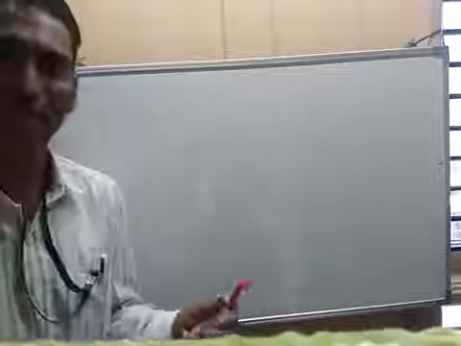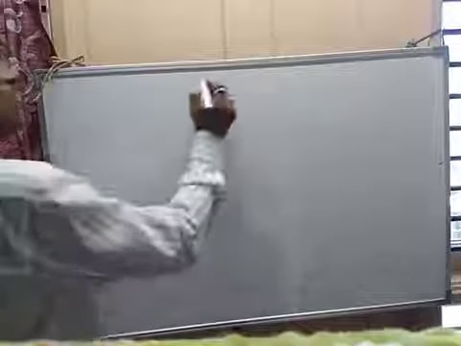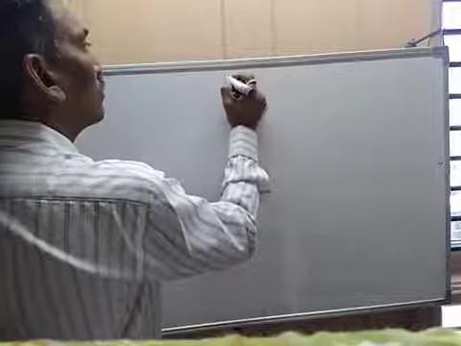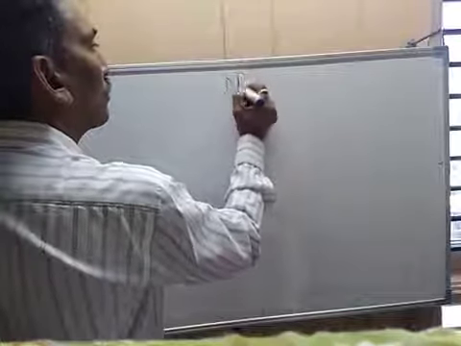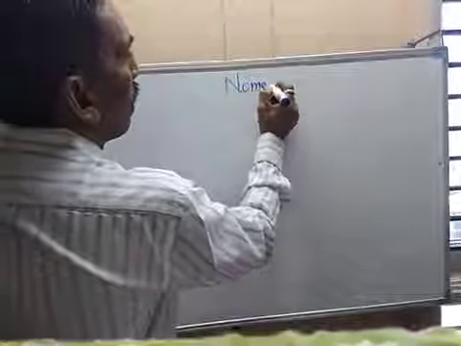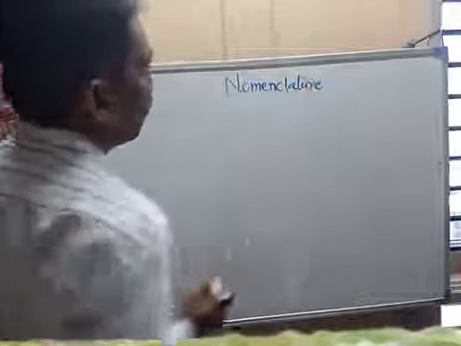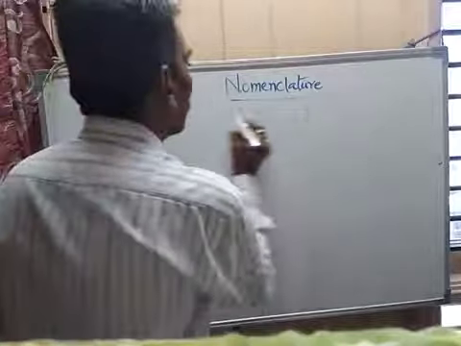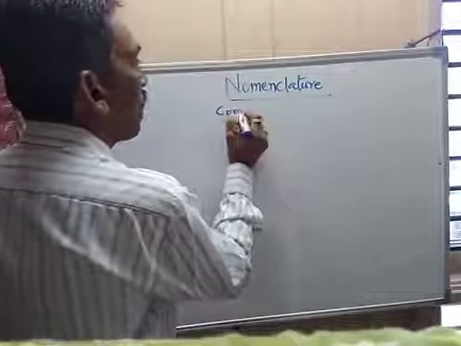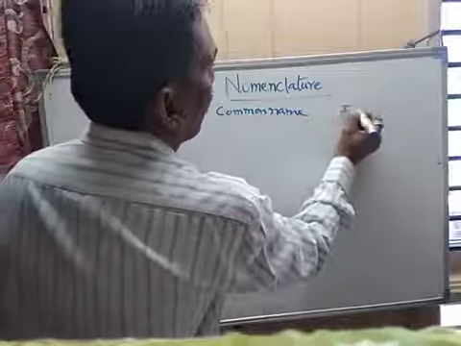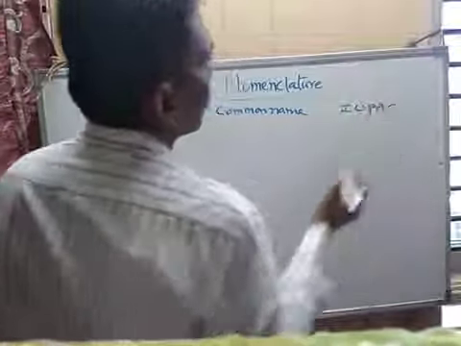Right. Come to the next area, naming. Naming is very, very important. Two names are there, nomenclature. One is the common name, and the other is the IUPAC name with structures.